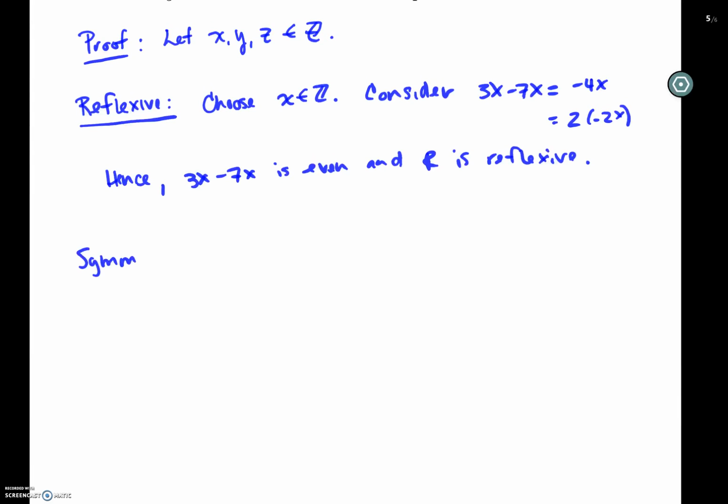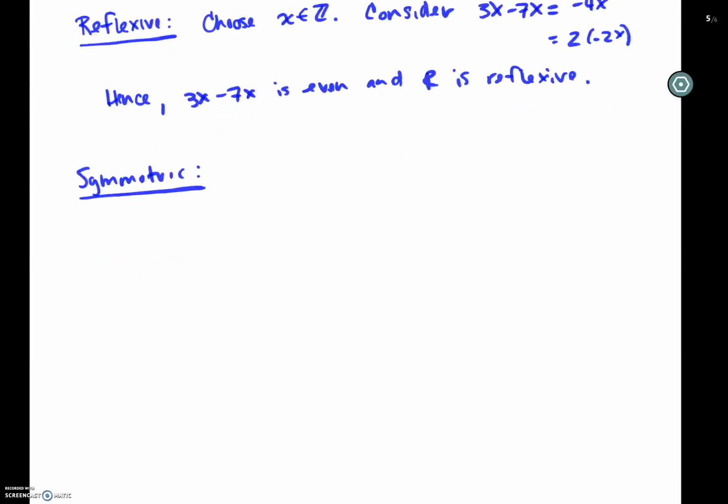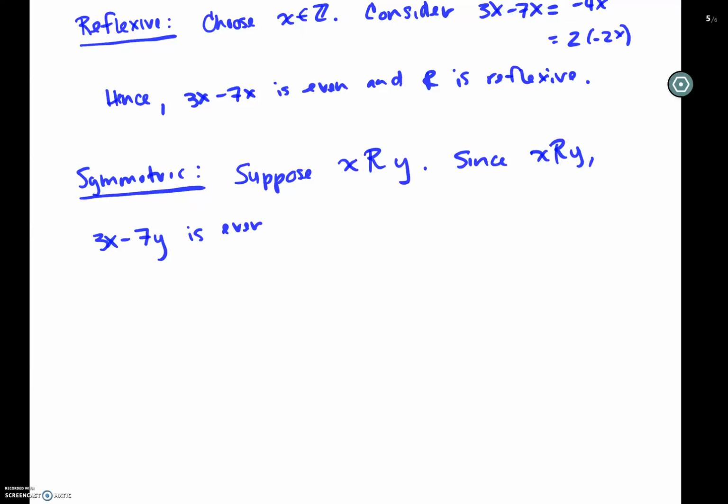Now let's consider symmetric. We will start by supposing that x is related to y. So, since x is related to y, we know that 3x minus 7y is even.